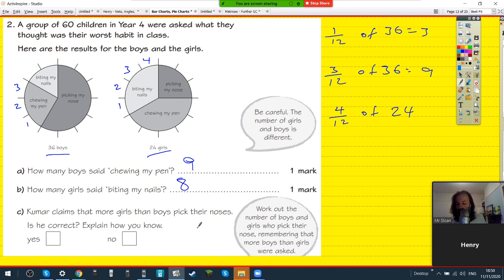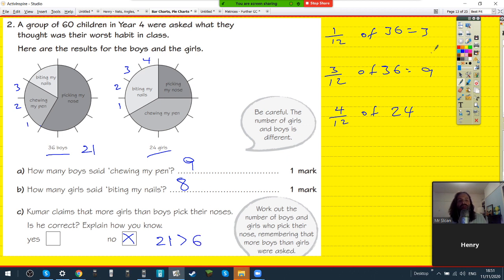Oh, so 3, 6, 9, 12, 15, 18, 21. 21 for picking the nose. And then 2, 4, 6. He's incorrect, because 21 boys said pick my nose and only 6 girls said that. So 21 is greater than 6.